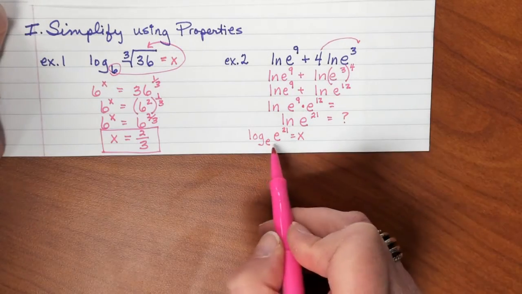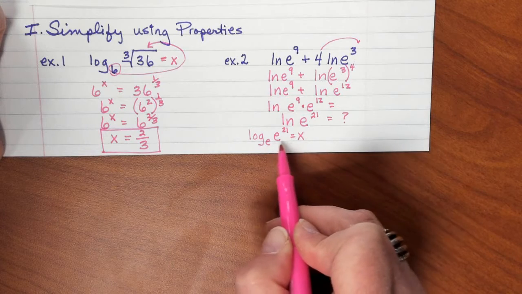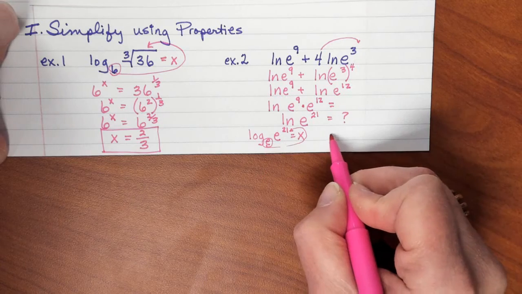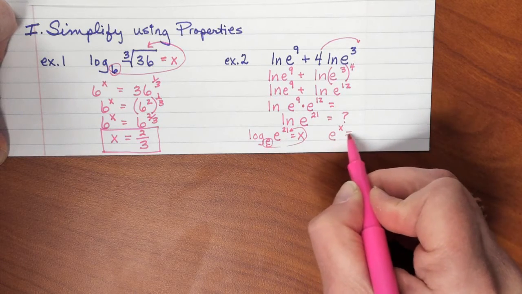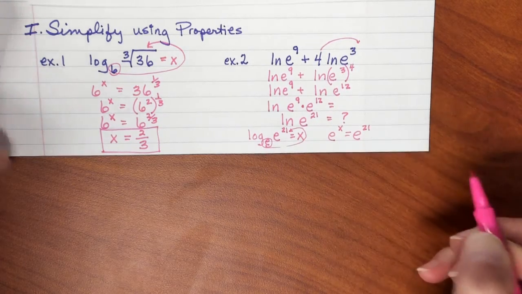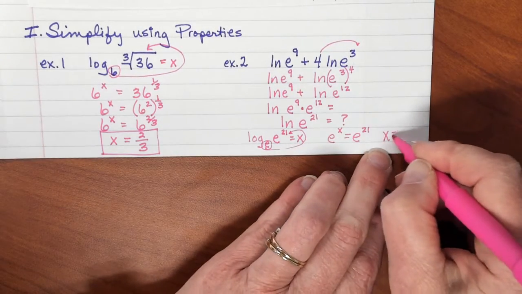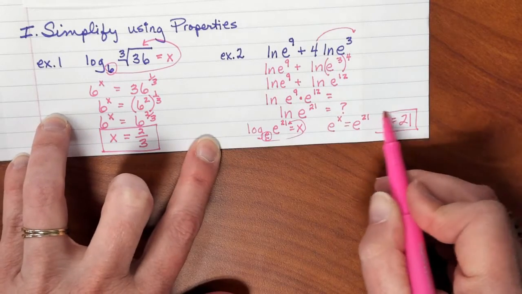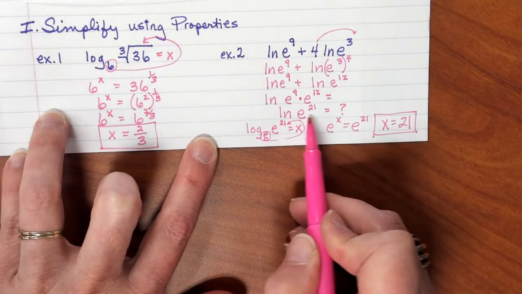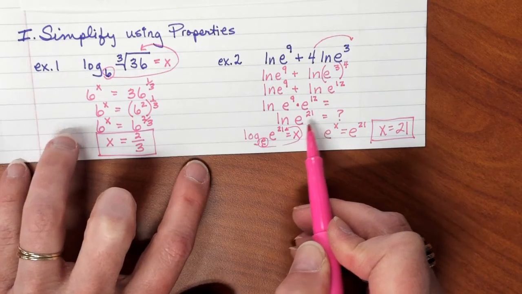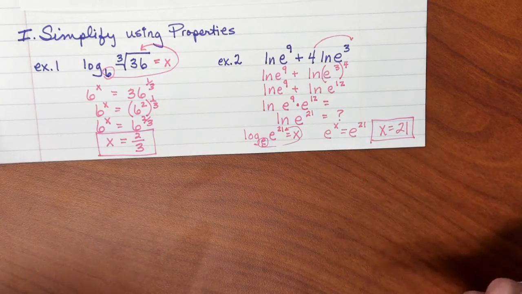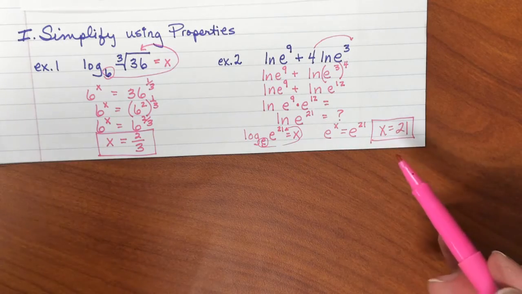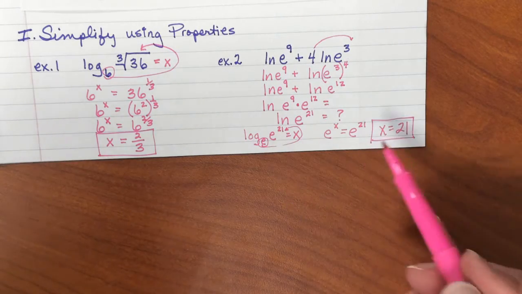And then you can rewrite this with your exponent and logarithm property. So it would be e to the x equals e to the 21. Therefore, x is 21. Now, I want you to get to the point where you can look at this right here and see the natural log of e to the 21st power is 21. You need to get there, but if you're not there yet, you can go this route.